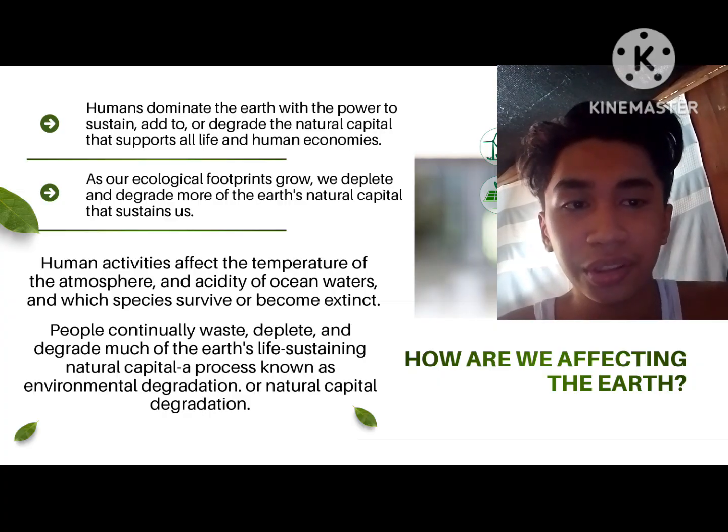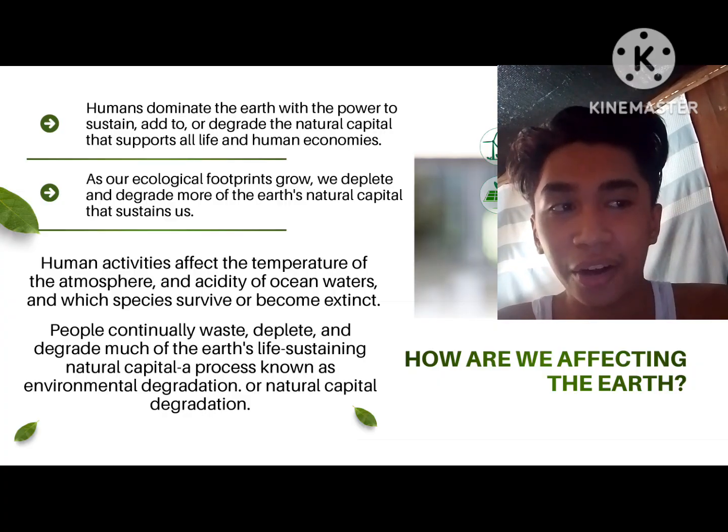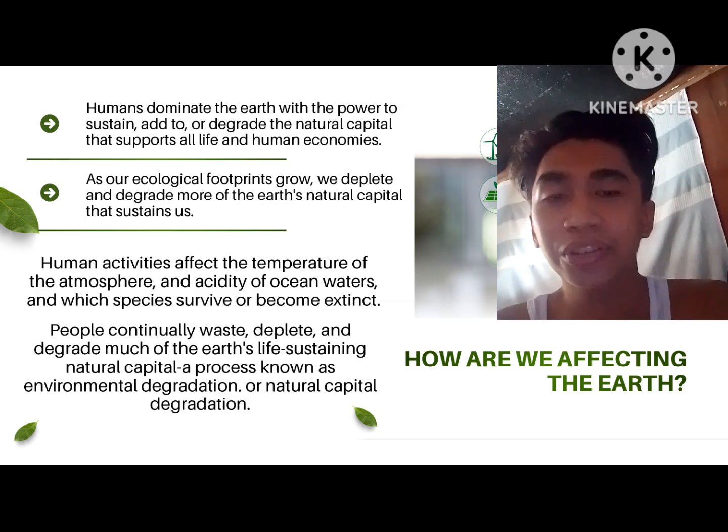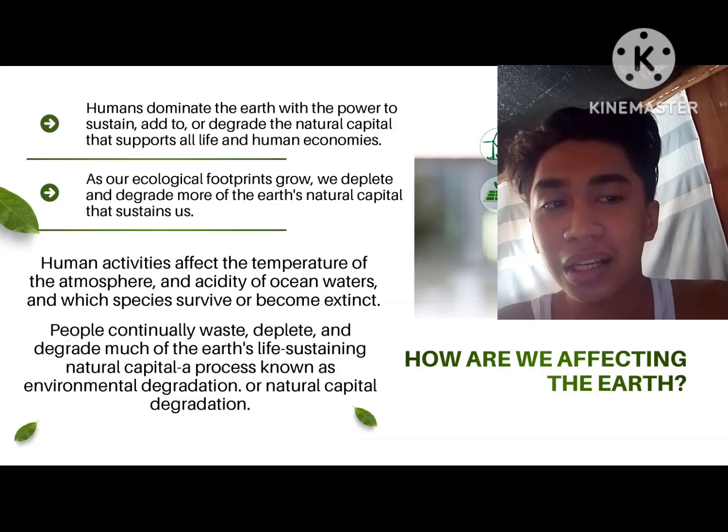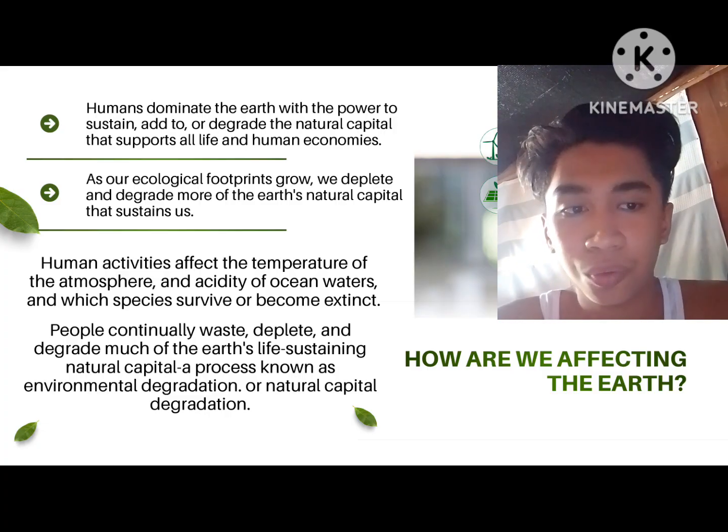affecting the earth. So humans dominate the earth with the power to sustain, add, or degrade the natural capital that supports all life and human economies. As our ecological footprints grow, we deplete and degrade more of the earth's natural capital that sustains us.